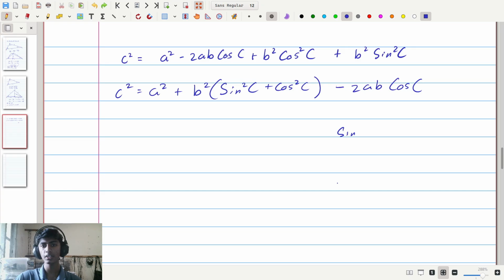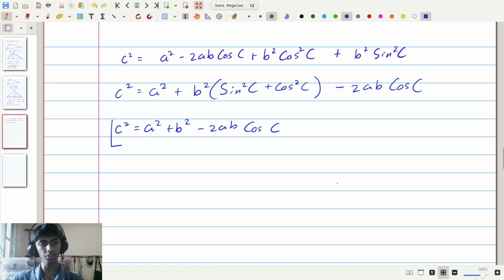This whole thing, sine squared C plus cosine squared C, would be equal to 1, meaning we have B squared times 1, which is simply B squared. Therefore, we finally get that C squared is equal to A squared plus B squared minus 2AB cosine of the angle C. We have proven the cosine rule.